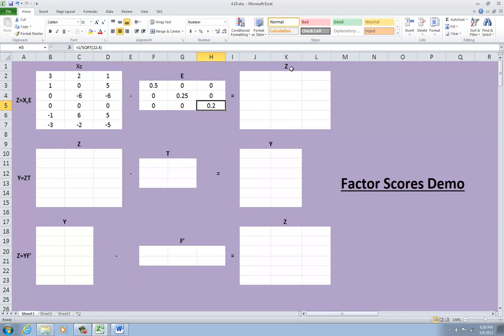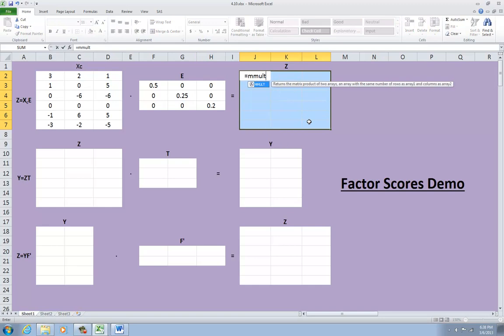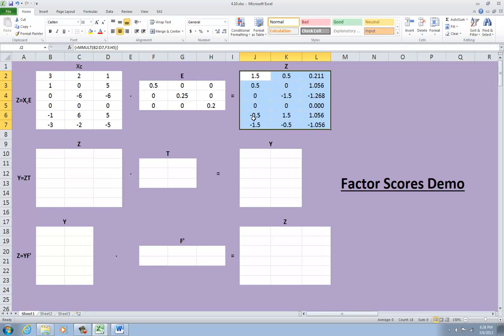Now let's create the Z matrix to have this in standardized form. So do matrix multiplication of the deviation scores and a standardizing matrix, E, and we get these values. Our Z matrix here, the values are the manifest variable scores.